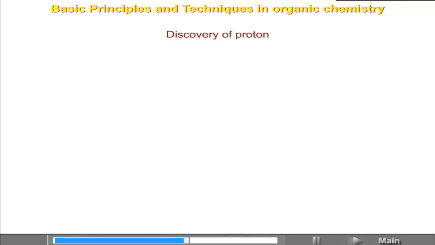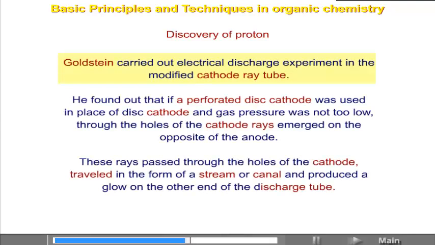Discovery of proton. Goldstein carried out electrical discharge experiment in the modified cathode ray tube. He found out that if a perforated disc cathode was used in place of disc cathode and gas pressure was not too low, rays emerged through the holes of the cathode on the opposite side of the anode.